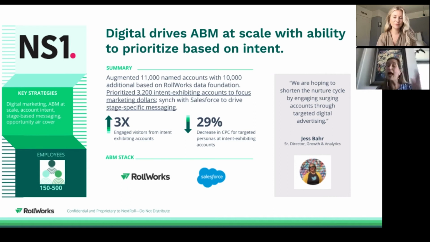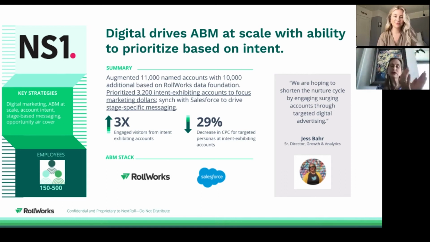So they actually had a target account list of about 11,000 accounts, augmented that with 10,000 that RollWorks was able to recommend with our data foundation. But they're using that fit and then intent. So they're looking at the fit and then for prospects exhibiting intent to focus their marketing dollars. So they have inbound and other efforts, but their dollars specifically are focused on those intent-exhibiting accounts.